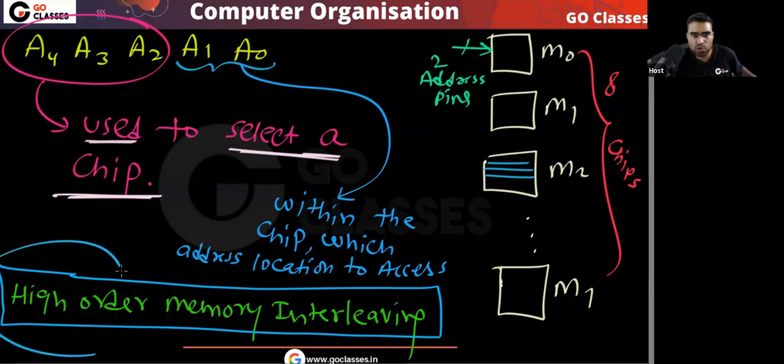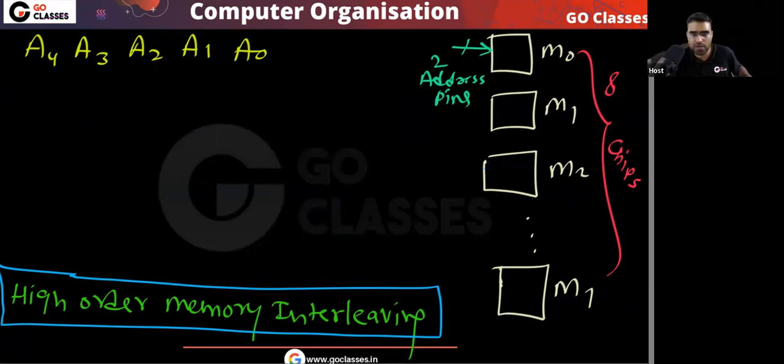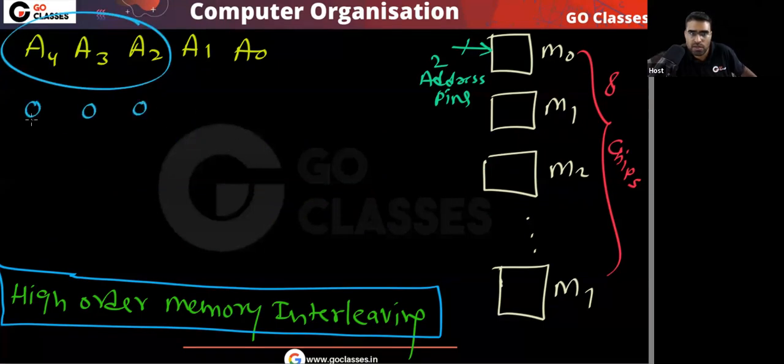Okay, so this is your high order memory interleaving, because high order bits are used to select a chip. When you want to select a chip, you use the MSB bits of the address. So this is the idea. Now how to do this? Very simple. You are using these 3 bits. For example, if all of them are 0, then let's assume this memory chip should be activated.